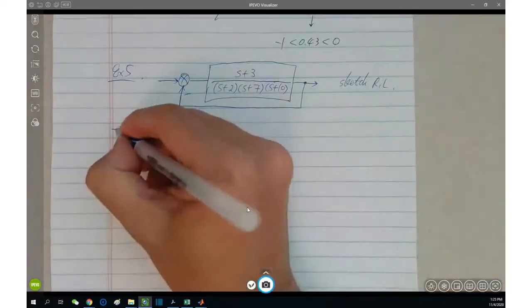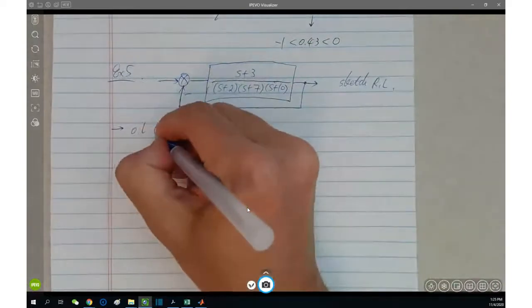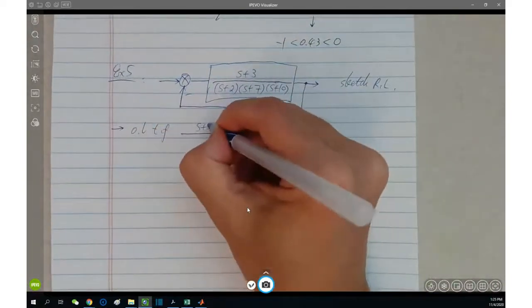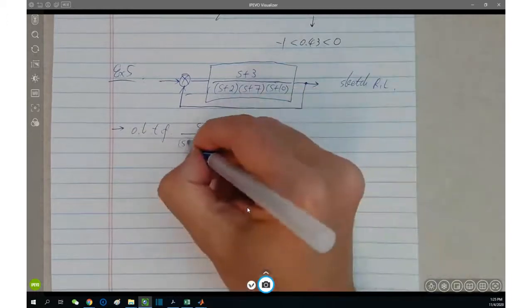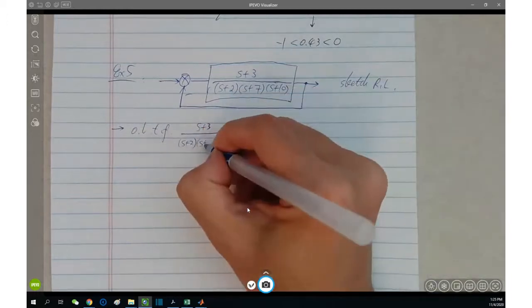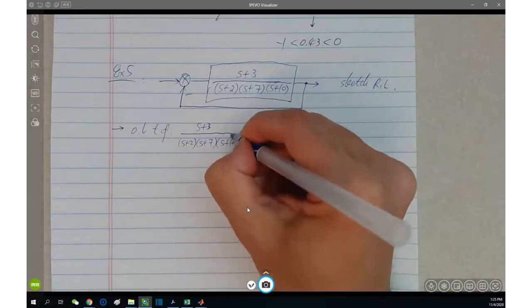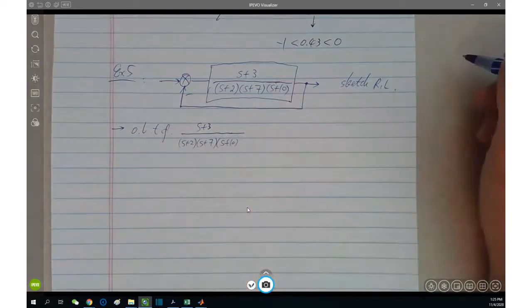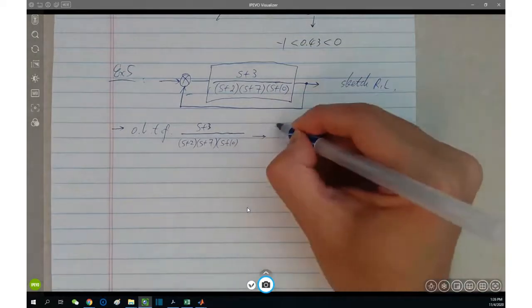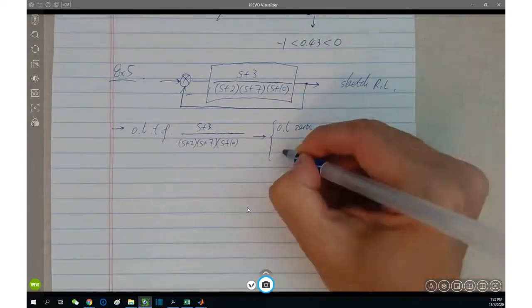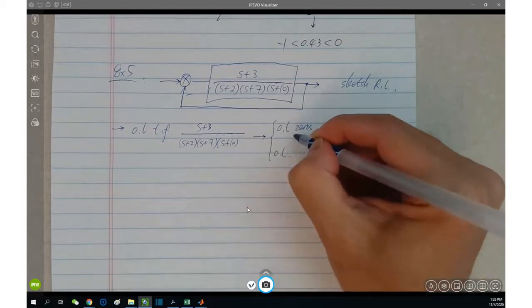First of all, we still need to find the open loop transfer function, right? It's very straightforward, as this, because of the unity feedback. And here we can tell the open loop zeros and open loop poles.